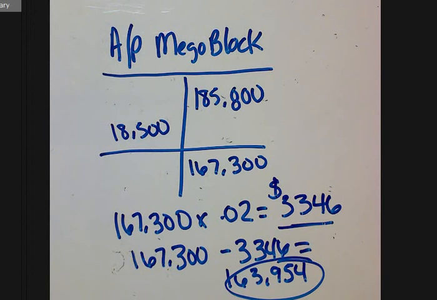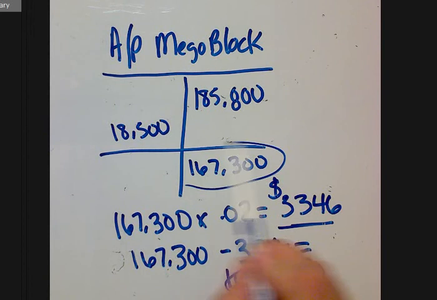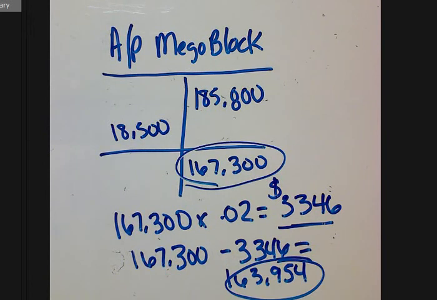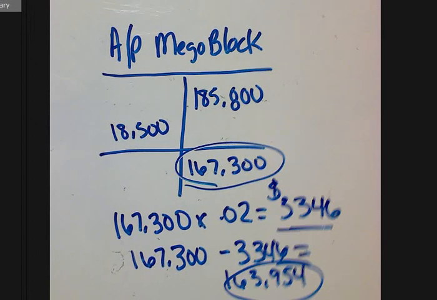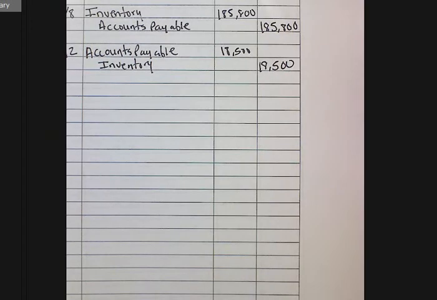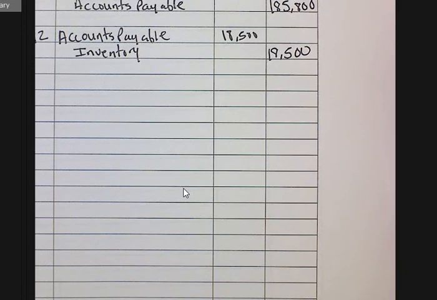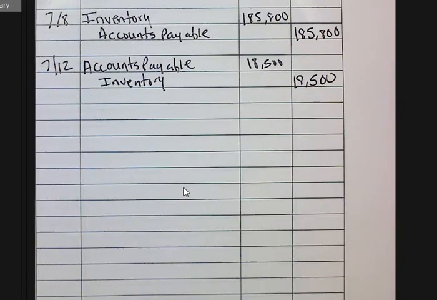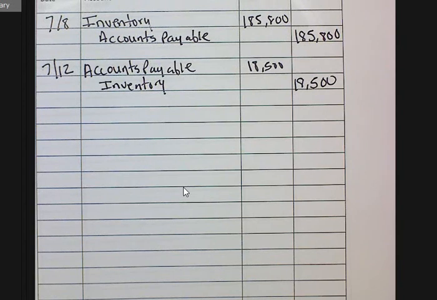So we have to use this information to make our journal entry now. We have this amount sitting in accounts payable, so we need to take that out by debiting accounts payable for the $167,300. So this happens on July 15th.